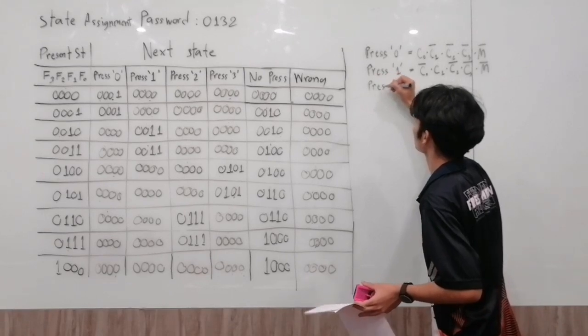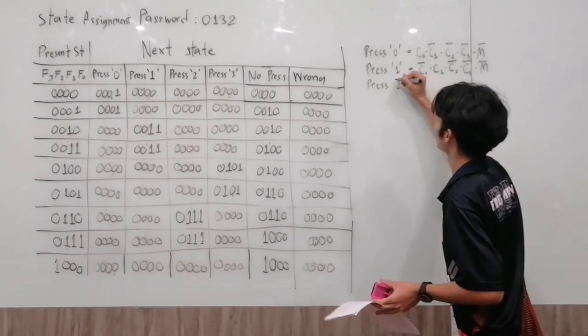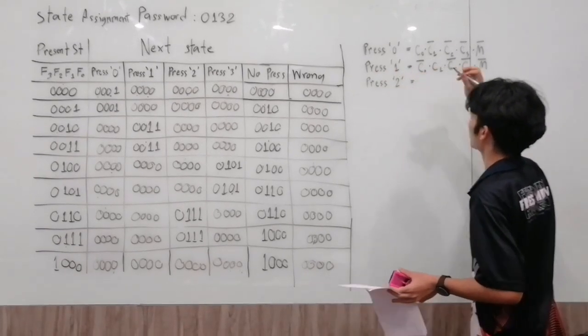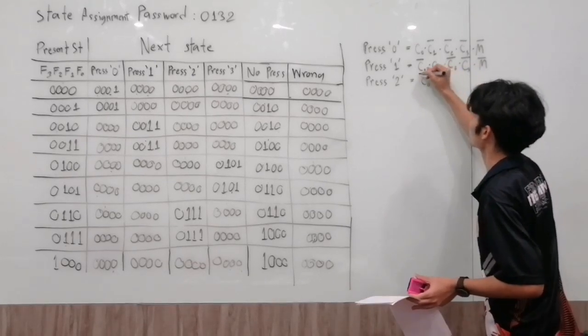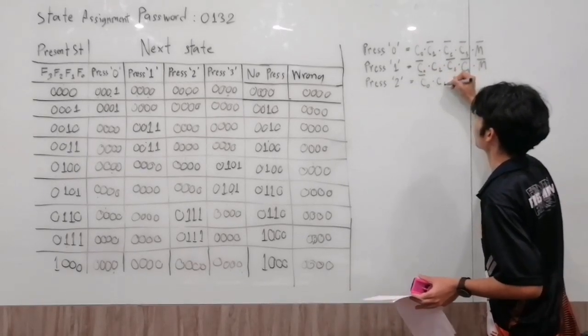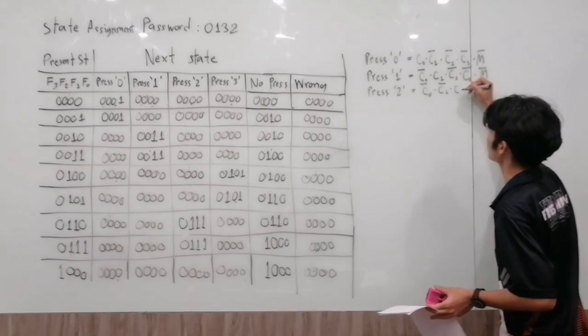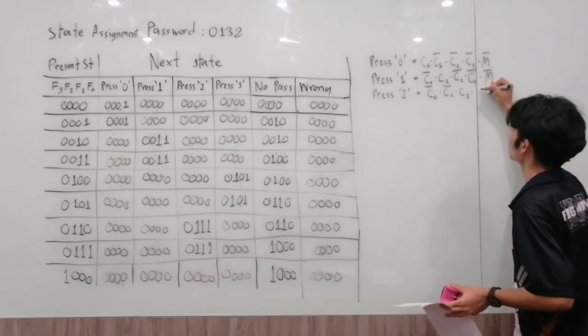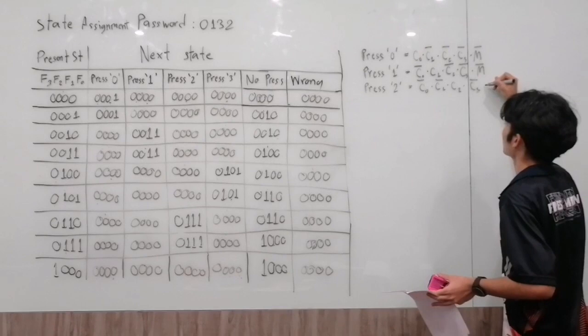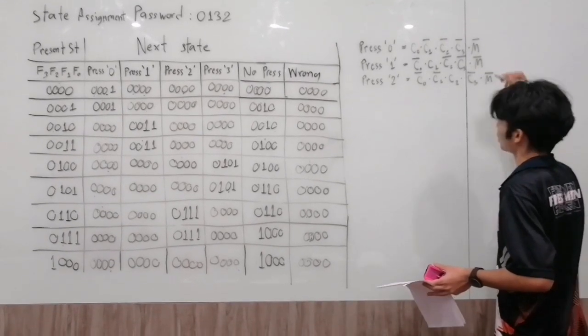Press 2 is C0 bar and with C1 bar and with C2 and with C3 bar and with M bar.